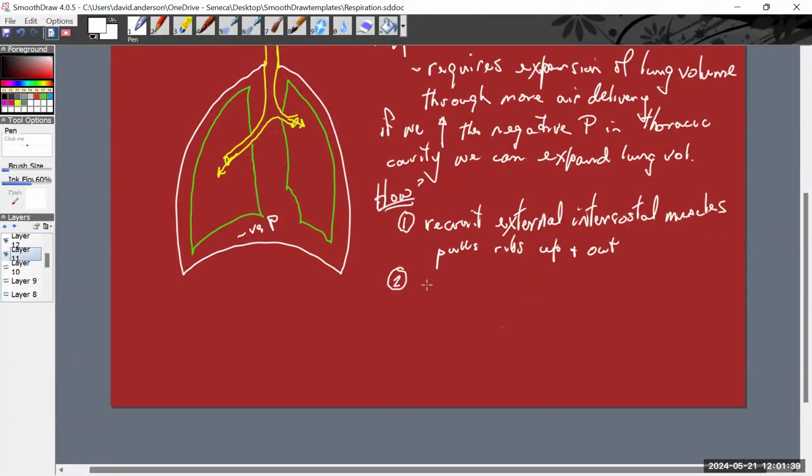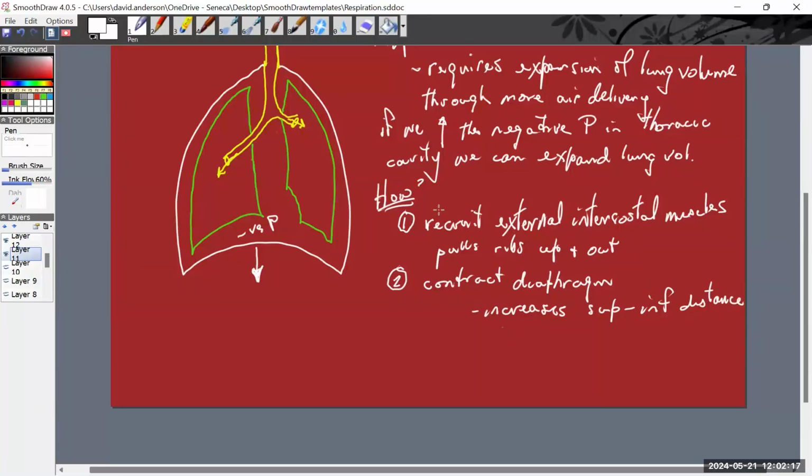And the other thing we're going to do is we're going to contract the diaphragm. And when we contract the diaphragm, it is going to flatten. So that increases the superior to inferior distance.